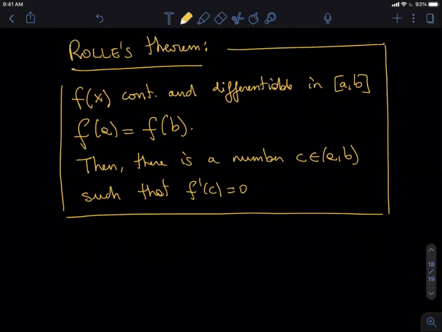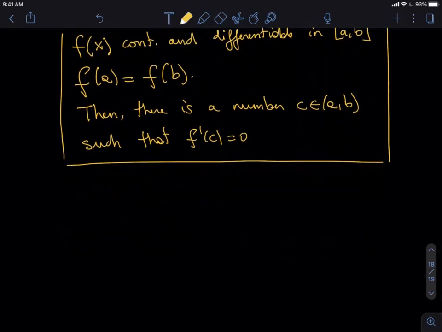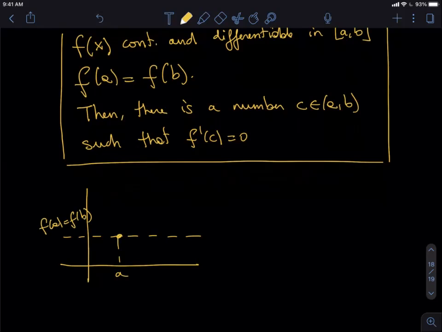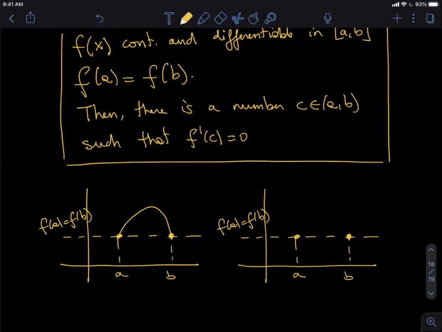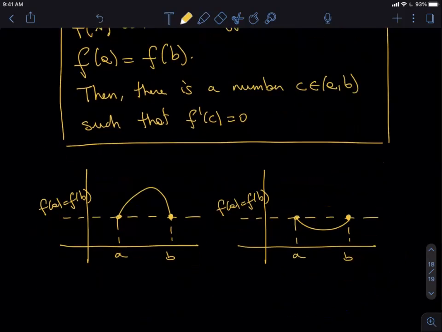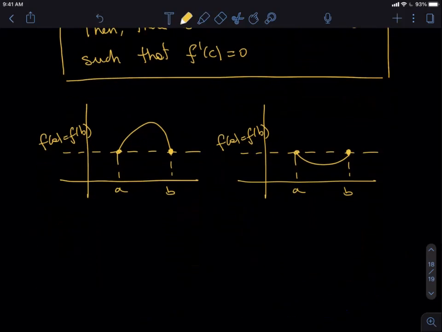So now, what is the picture for this theorem? This theorem says that if you have a function, here you have your f of a equal to f of b. This is your a, this is your b, and you have a function that goes up and down, or maybe it's the other way around. Maybe instead of going up, it goes down, or maybe you have something wavy.